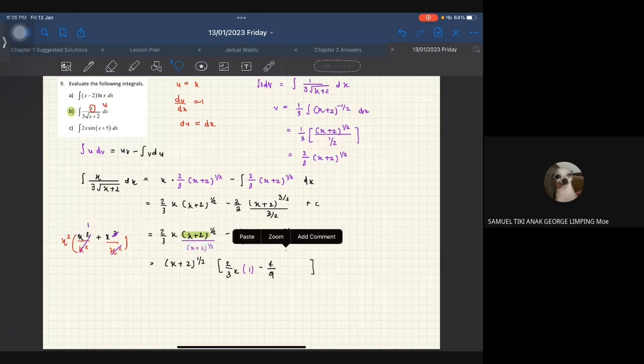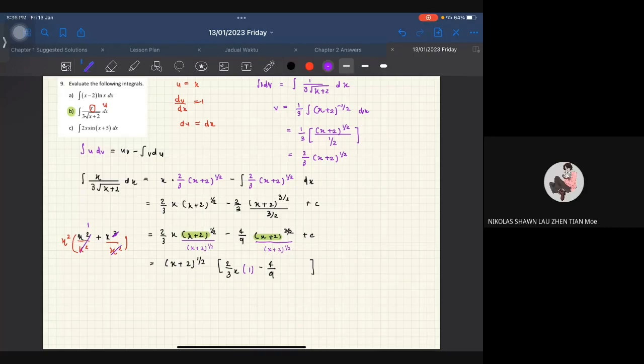Saya paste dekat sini. Okay, so apa yang tinggal untuk kita sekarang bila kita dah bahagikan dengan kuasa 1/2 tu? X plus 2 power 1. Yes, exactly. So kita dapat power 1 sahaja sebab 3/2 minus 1/2 is equals to 1. Okay, so sebenarnya saya akan dapat dalam bracket X plus 2 like that. And then plus with C.